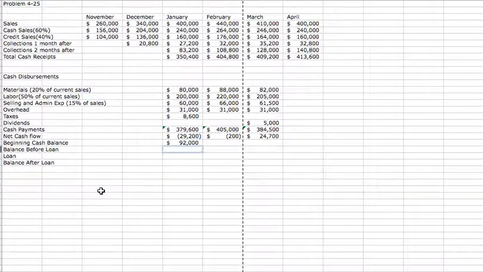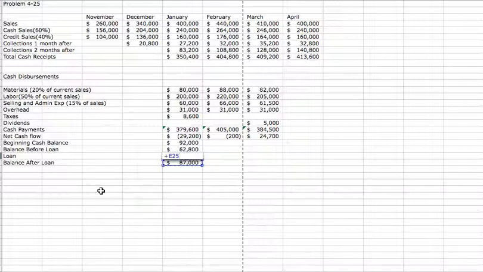So balance before loan is going to be the 92,000 we had minus the 29,200 we used. So that means in order to get 87,000, all right, we're going to have to borrow some money, aren't we?